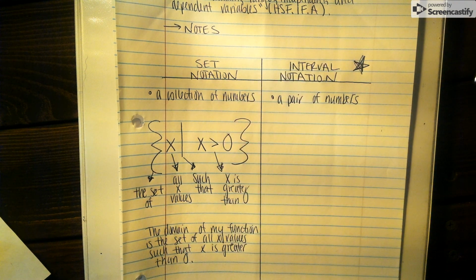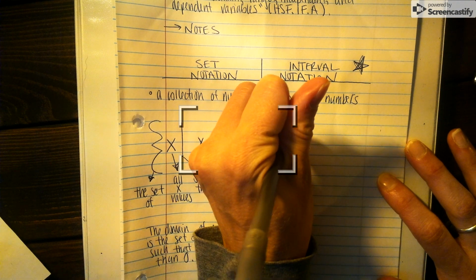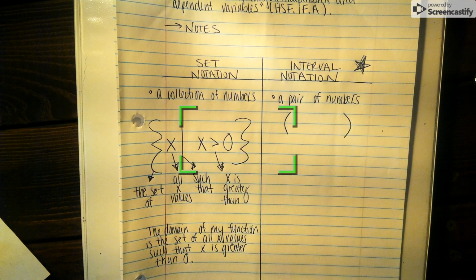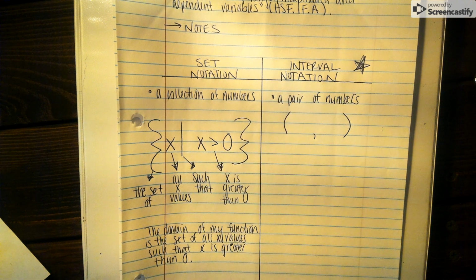Okay. So there's 4 different ways that we write interval notation. One way is to have 2 parentheses, and a comma in the middle. So kind of like a coordinate point.